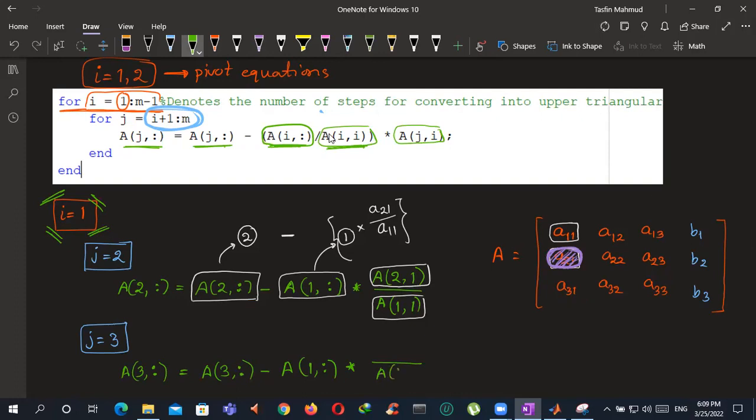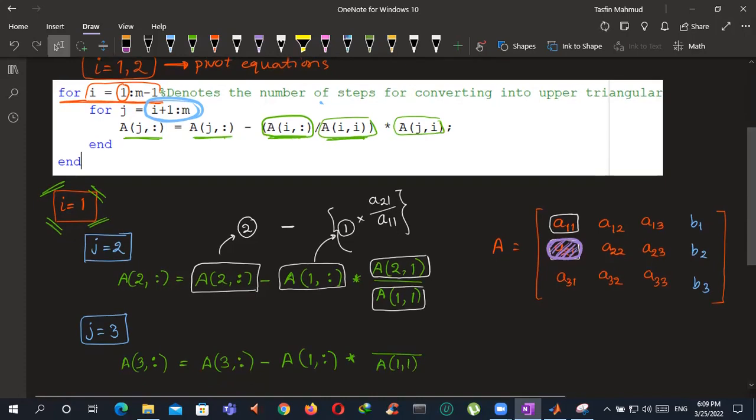A 1 comma 1, value of I is 1. And multiplying it by a j comma I. Value of j is 3 now. So 3, I is 1, 3 comma 1.